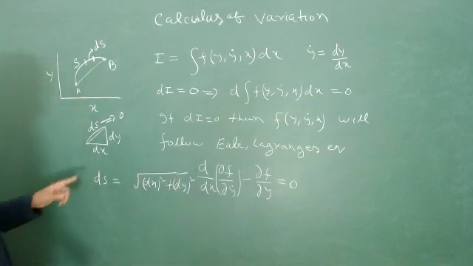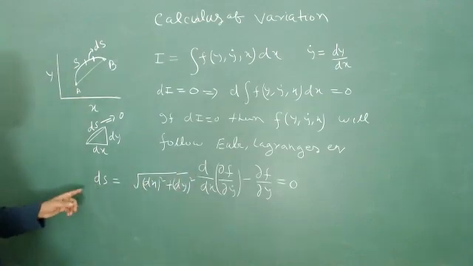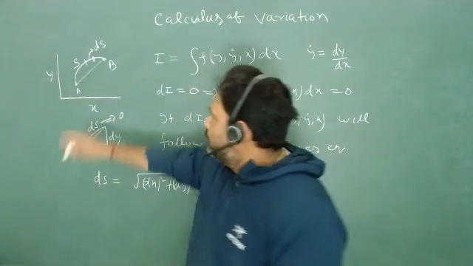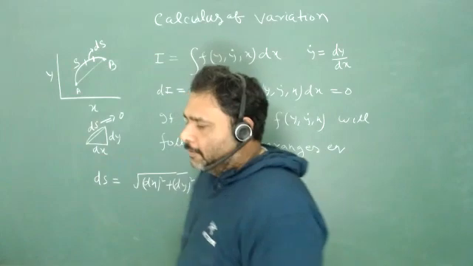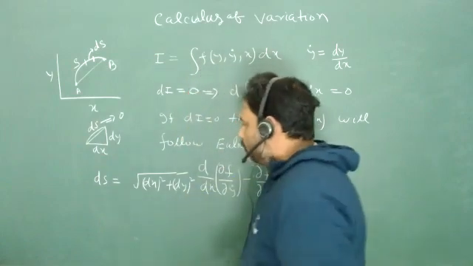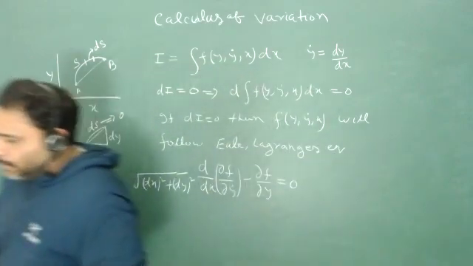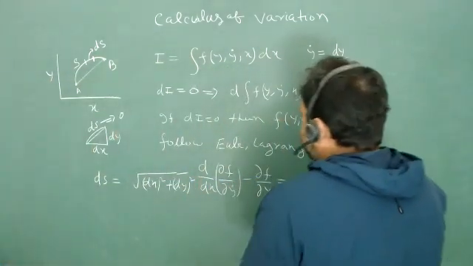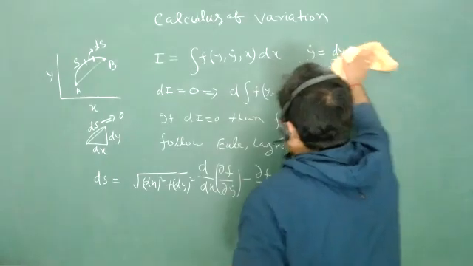If we integrate the whole ds, then we have this particular path. So how can we write all this? Let's go for the real thing. I am just going to remove this part.